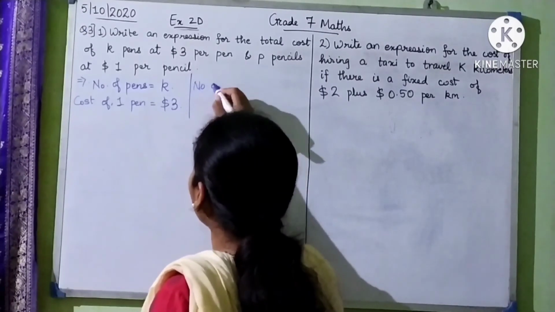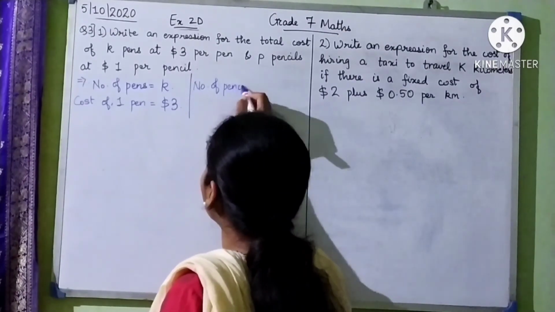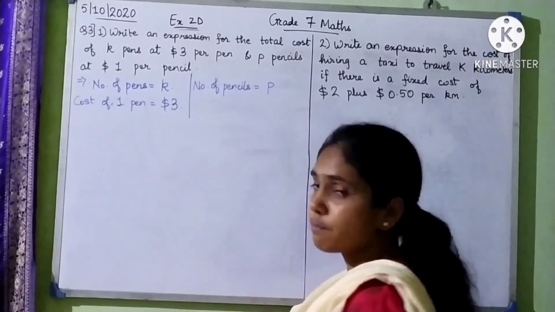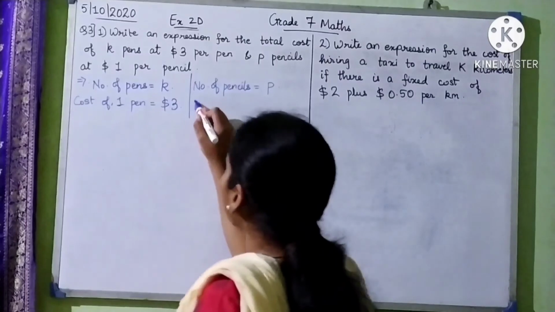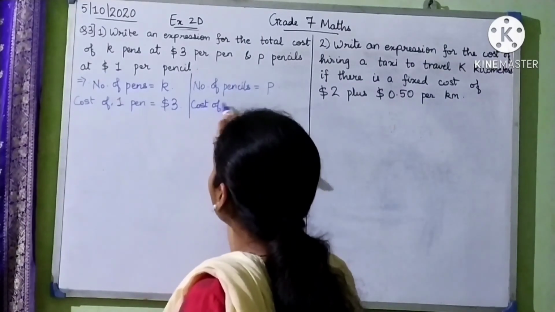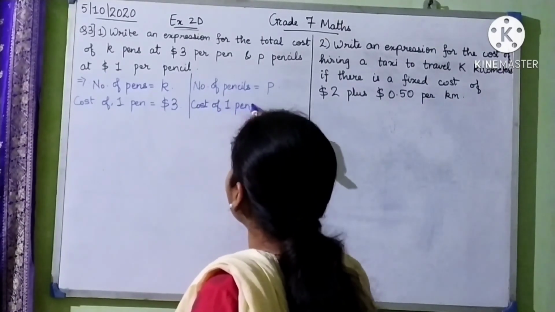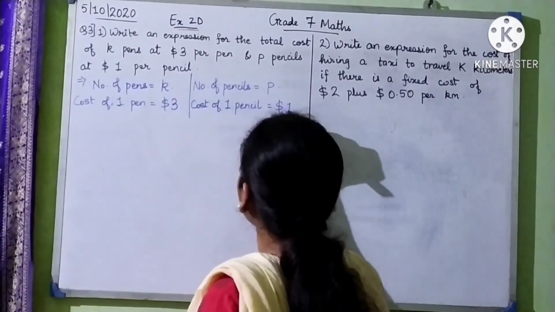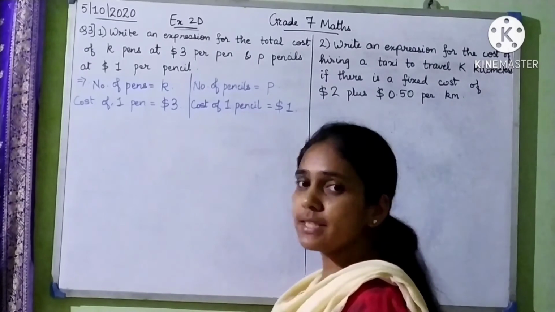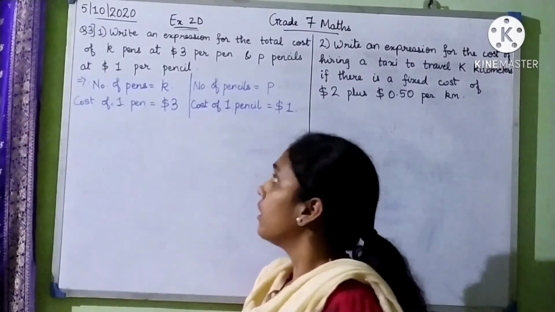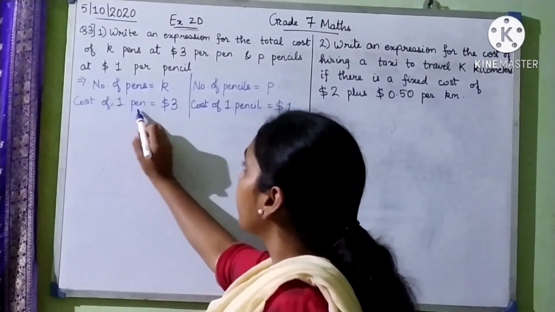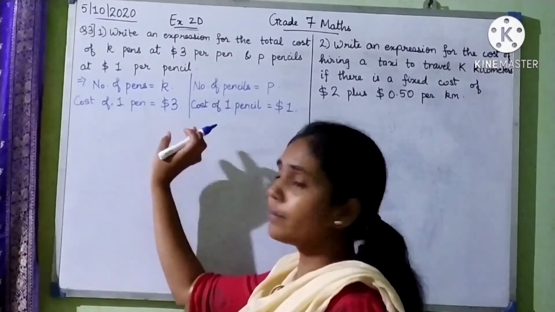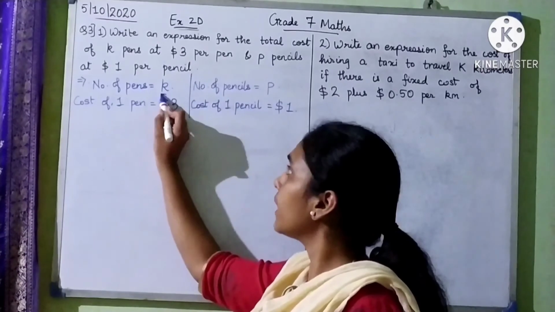Now I write for pencils. Number of pencils: they have given us that there are P pencils. And the cost of one pencil is $1. $1 per pencil means for one pencil the cost is $1. So if one pen costs $3, then what would be the total cost for K number of pens?